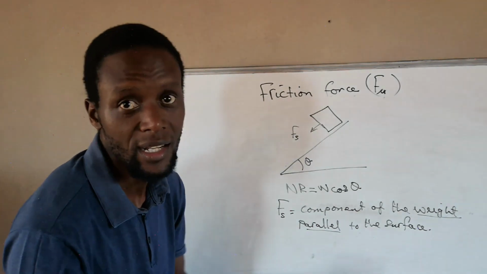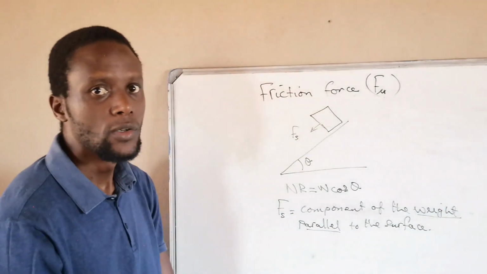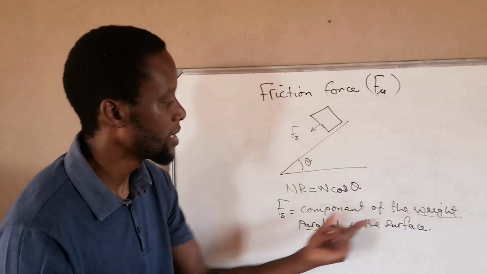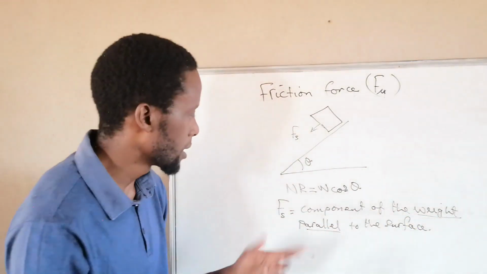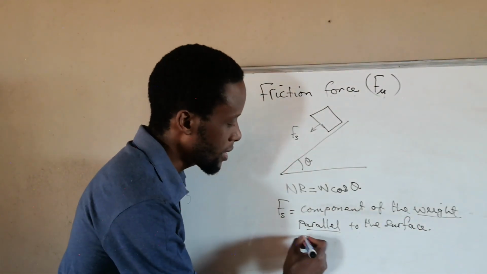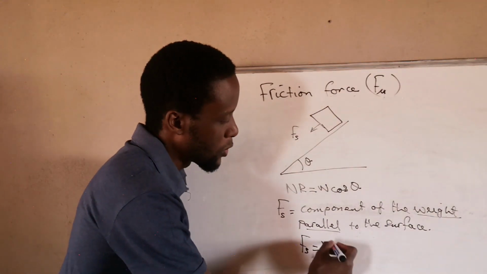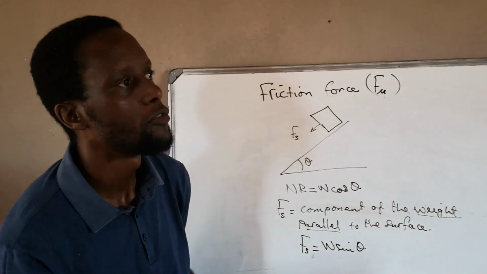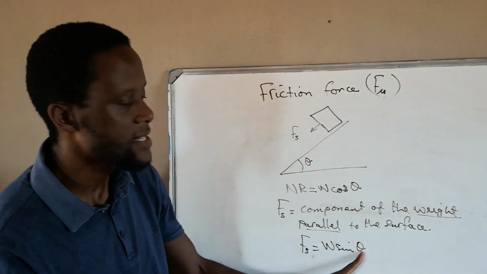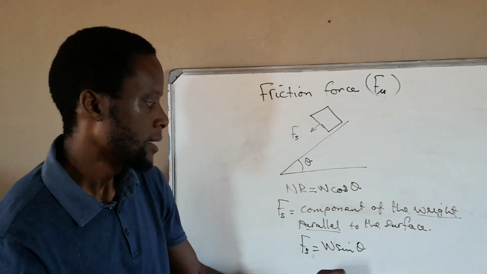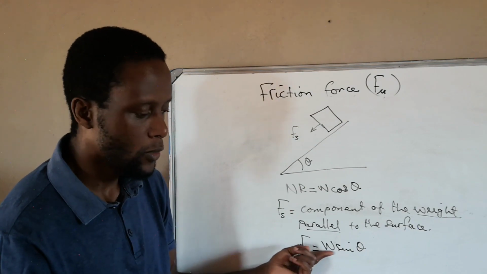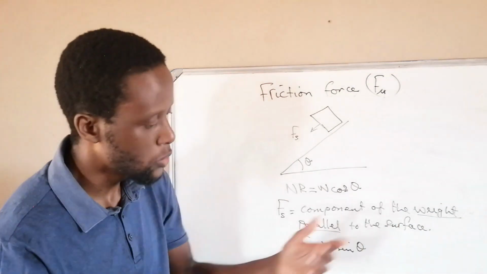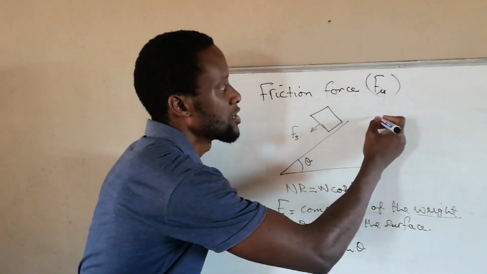Again, in our exam, they will not say calculate the sliding force. They'll use terms like calculate the component of the weight parallel to the surface. Then how do we calculate? Our sliding force is equal to the weight times sine theta, the angle of the incline of the surface. Keep in mind, always use weight. Whether they give us kgs, convert that to a weight. How do you convert kgs to a weight?